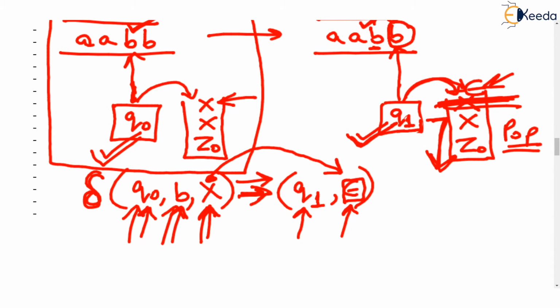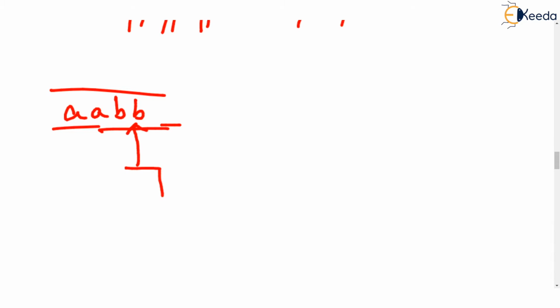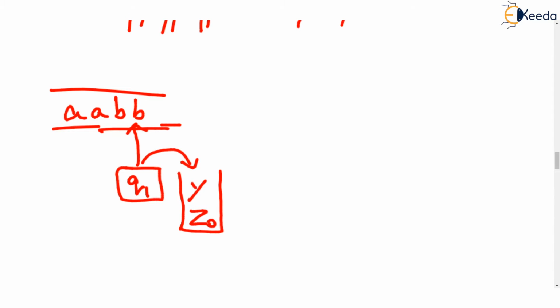What if I give you this configuration, double A, double B, and now the read head is at this point and the machine is in Q1 state, and notice the stack now contains Z0 and X. This is the current configuration, and suppose the PDA lands in this new configuration after this.